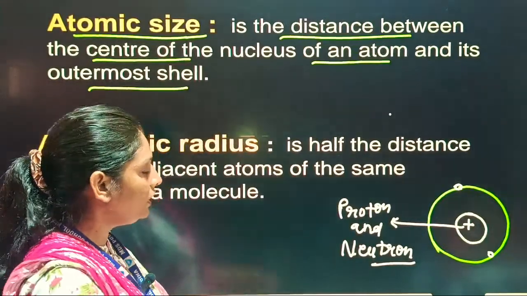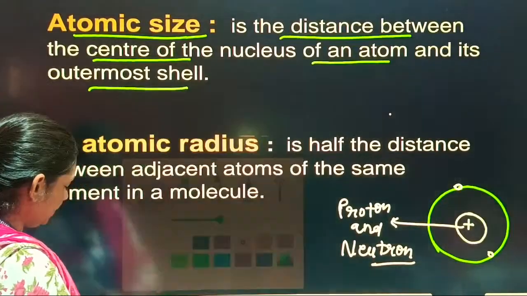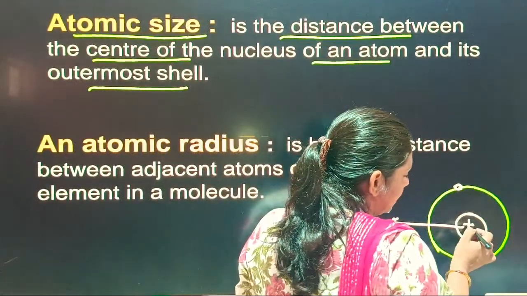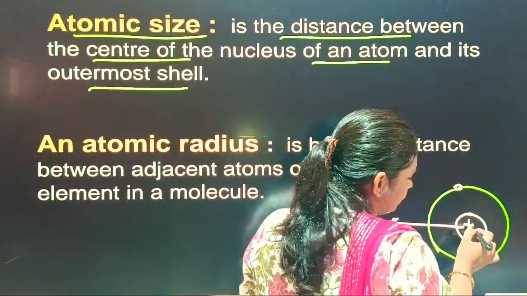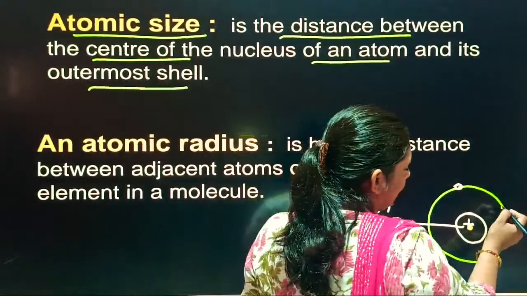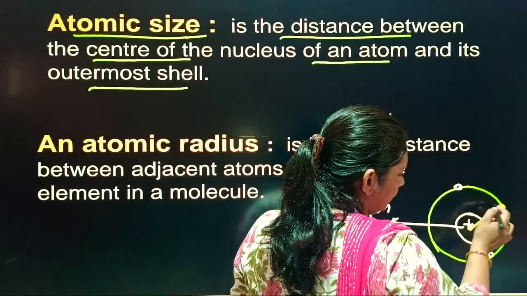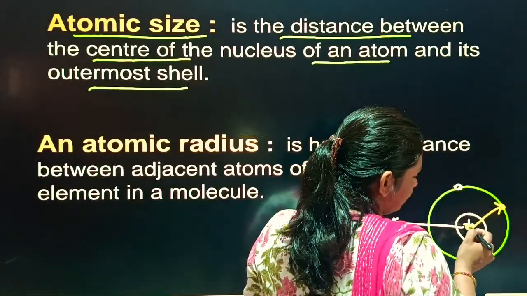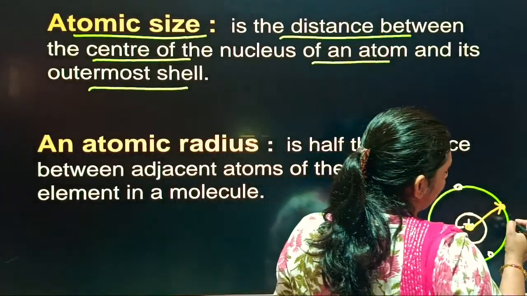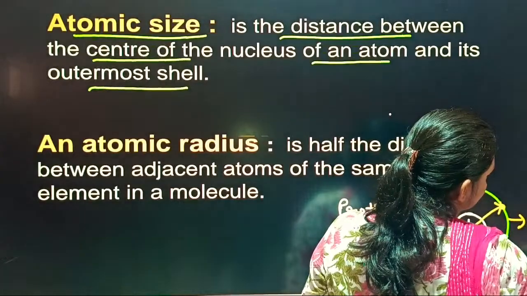So what do we mean by atomic size and atomic radius? Atomic size is the distance between the center of the nucleus and the outermost shell. Let us consider this is the center of the nucleus and this one is the outermost shell. This distance is known as the atomic radius or atomic size.